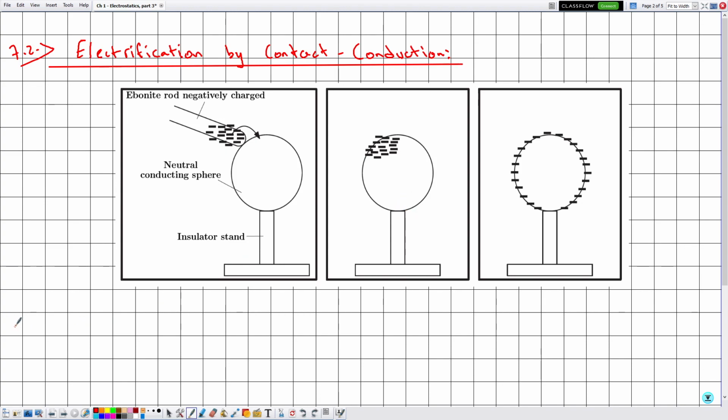Then let me write number 1: electrification by contact, known as conduction, is used to charge conductors.